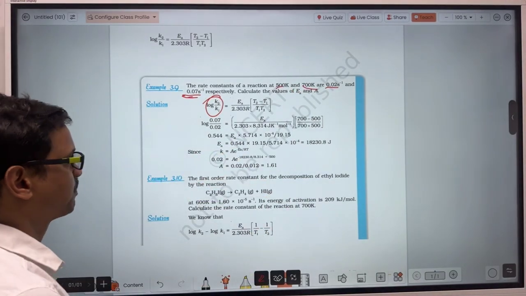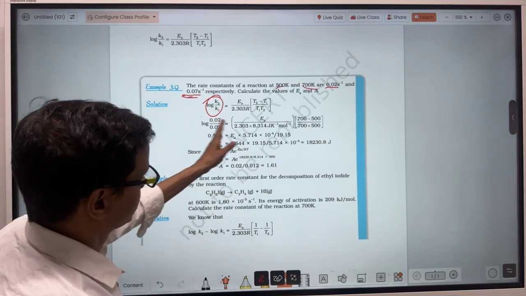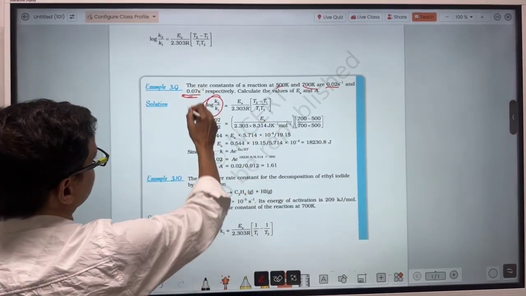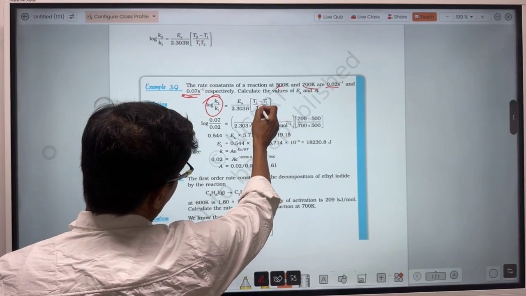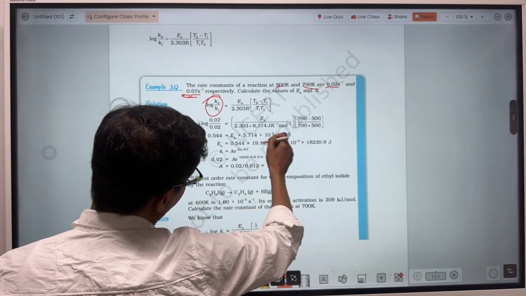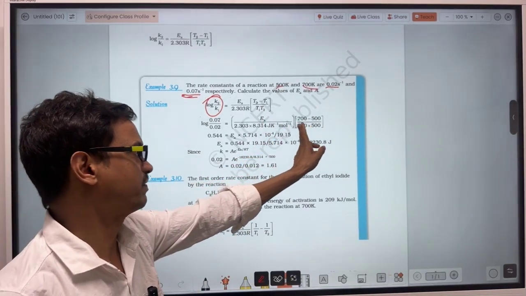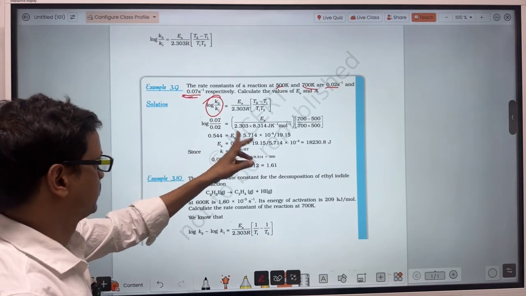So the data has been put in. Log 0.07 upon 0.02 equals activation energy upon 2.303 R into 700 minus 500 upon 700 into 500. So that you calculate here.